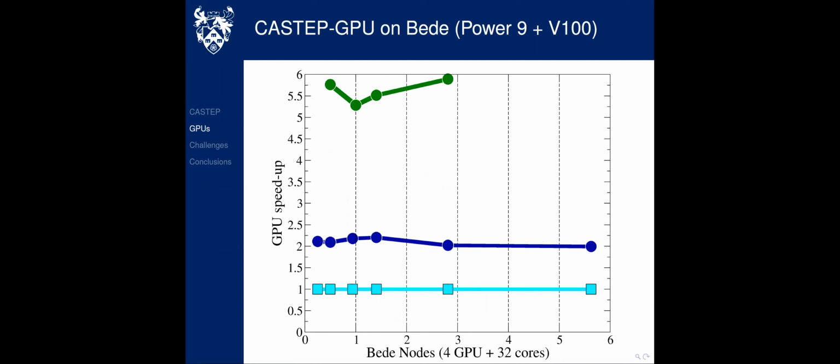Our initial GPU results give us a speed up of over 2 consistently. But now with the refactoring, we're seeing speed ups of over 5. And actually, this isn't the end of it. We've done analysis and profiling, and there's still some data copying going on that we think we can avoid. So we expect this to do nothing but get better over time. And our goal has always been to keep this single code base.